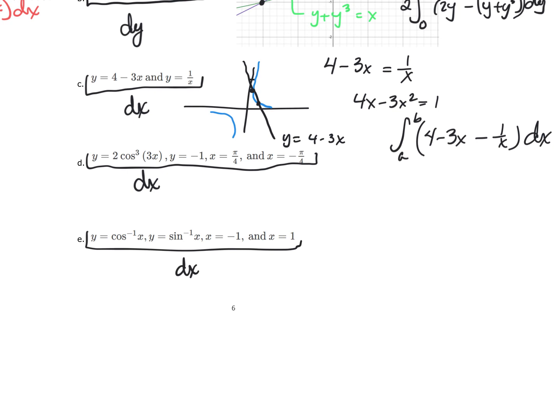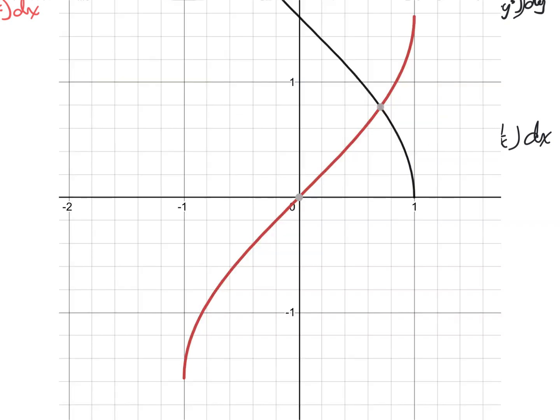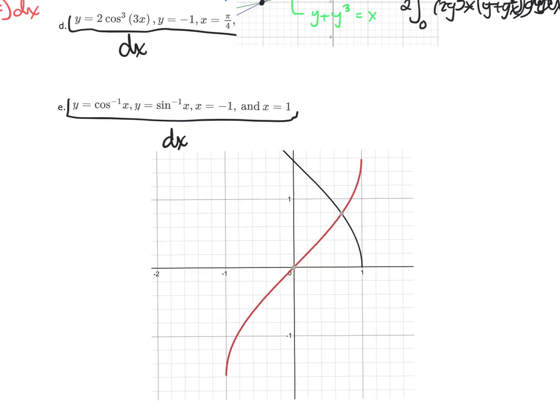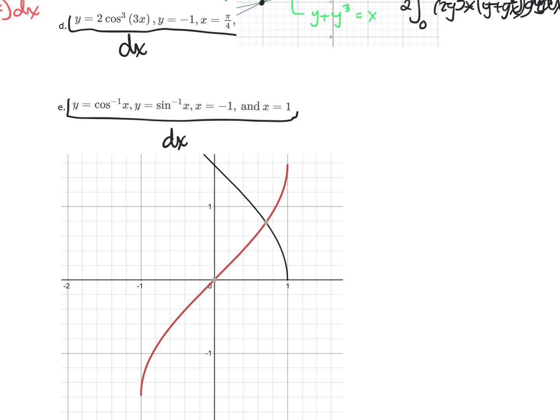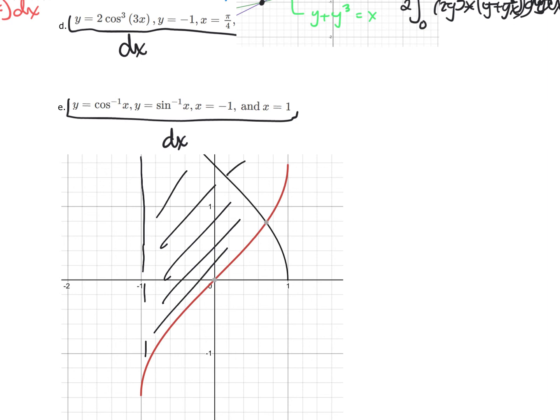Okay, and so for this last one, like I said, I went out to Desmos to get the graph. We're going from -1 to 1. You can see in this region, I didn't actually draw all of this, this is the cosine inverse. It's the upper function of x. And in this region, this is the sine inverse of x. So you would integrate from -1 to 1, or actually -1 to some a value.